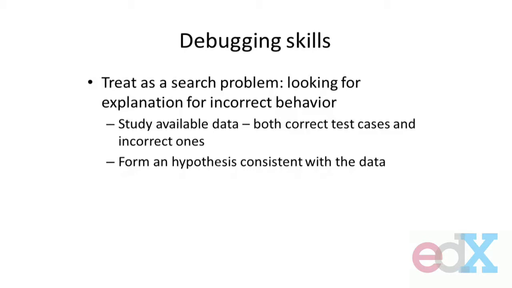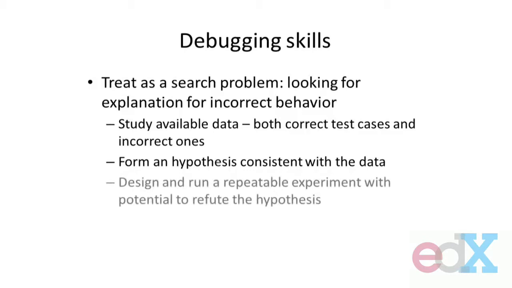Once I've got a hypothesis, I can then design and run a repeatable experiment with the potential, in particular, to refute the hypothesis. If I do the following, if the result is this, it'll tell me something about where the bug might be. If the result is that, it'll tell me something else.